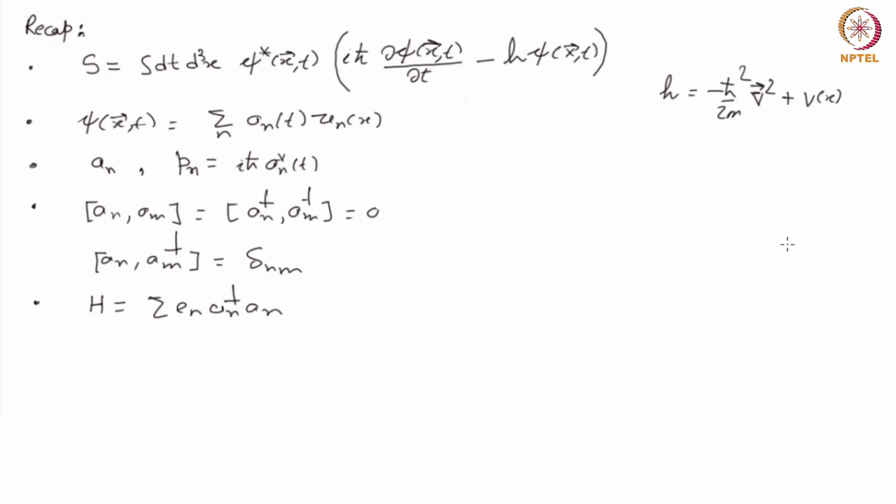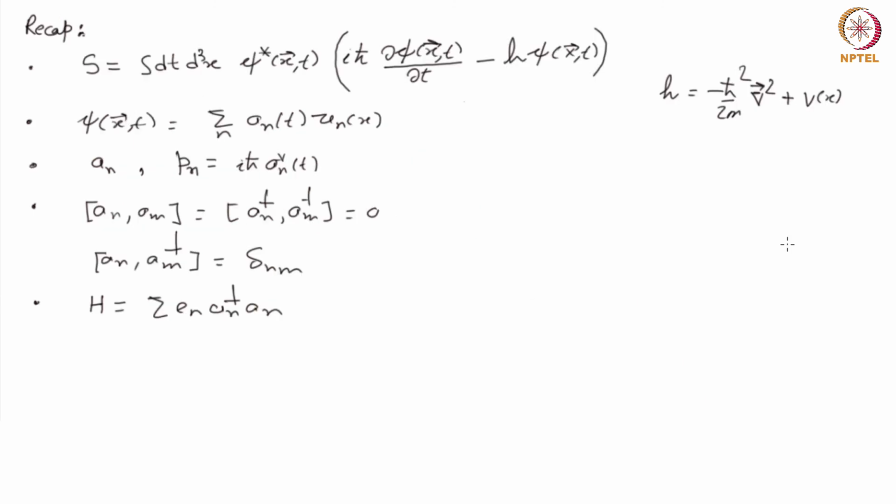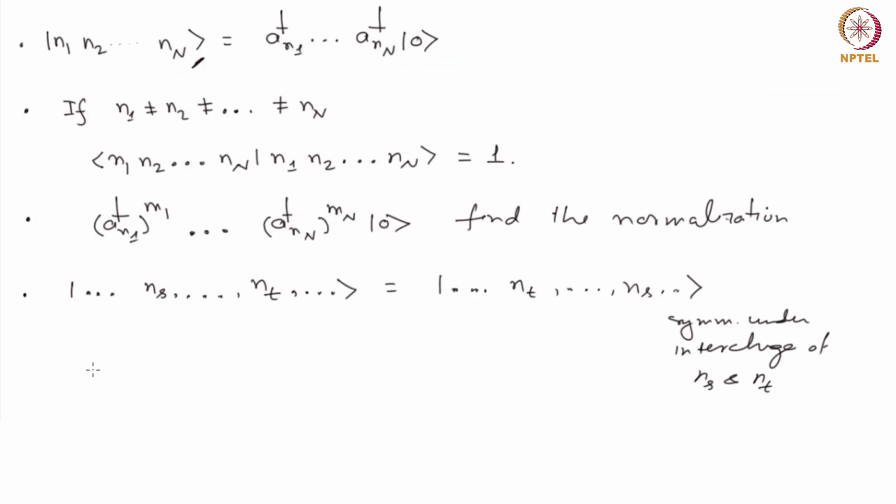Also, I didn't write here, but I should have, so maybe I can do it now. Here I would like to add that if you take the Hamiltonian and act on this state, you get the sum of some of these energies.